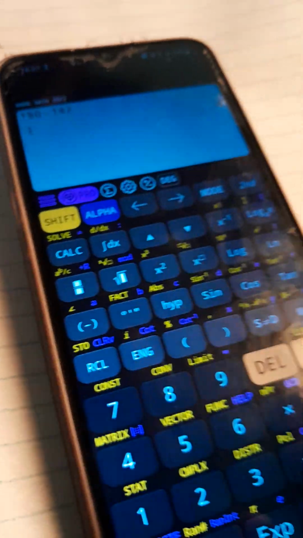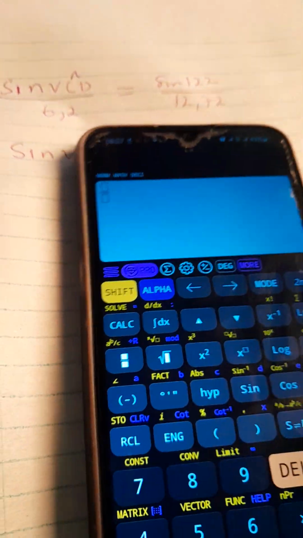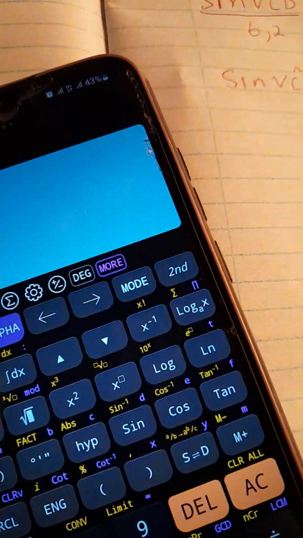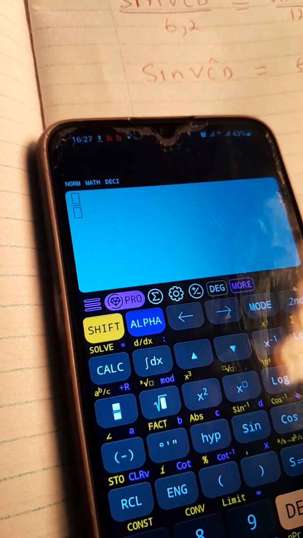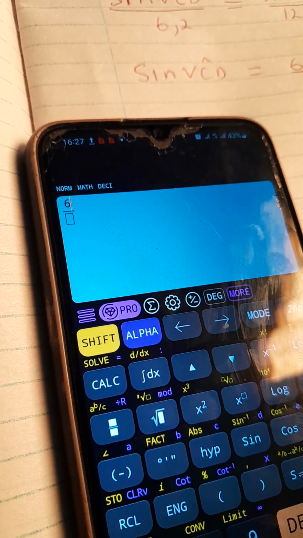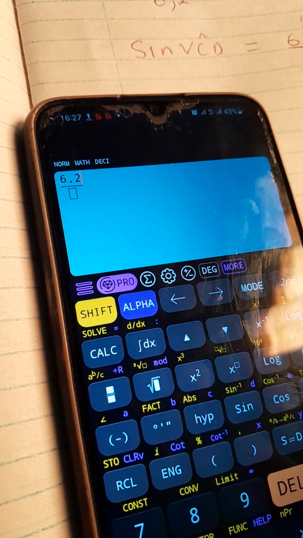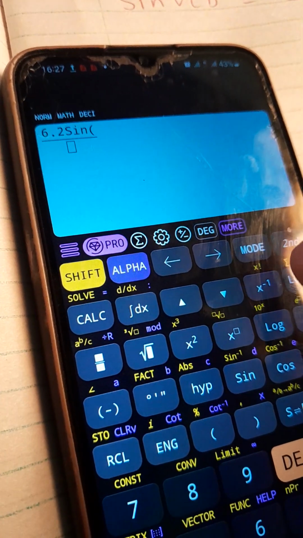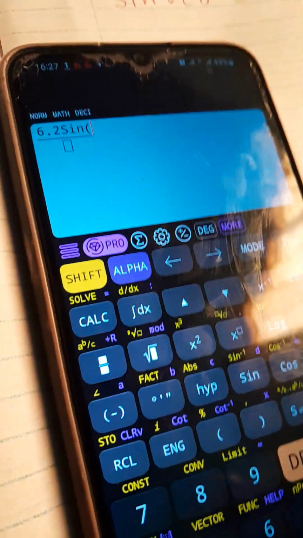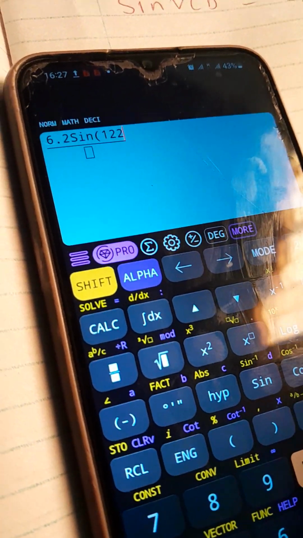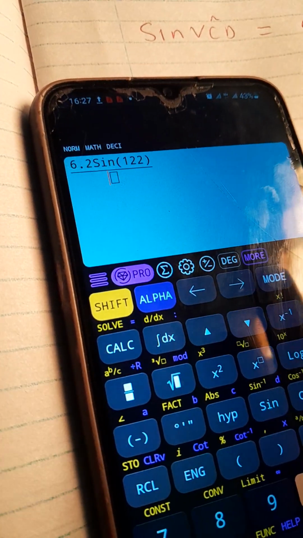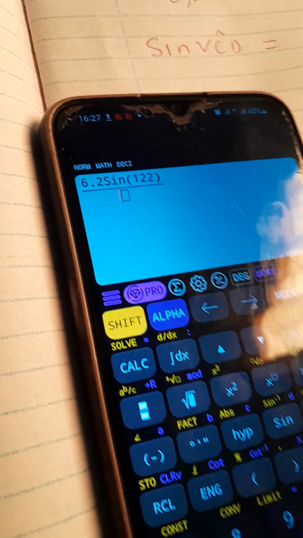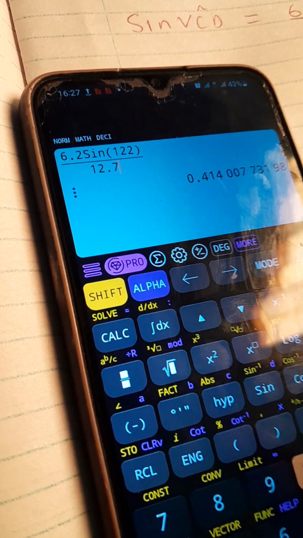How do you simplify it? With this fraction, just say 6.2 sine, make sure your calculator is in degrees, sine 122, then you close the bracket, then down arrow, which is 12.72.